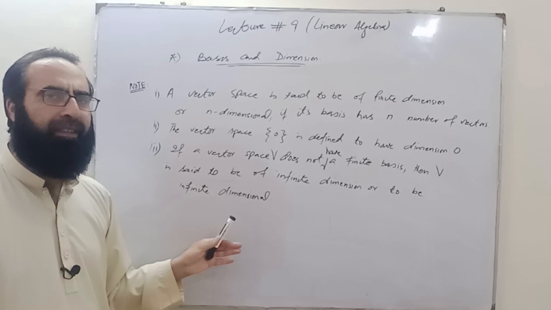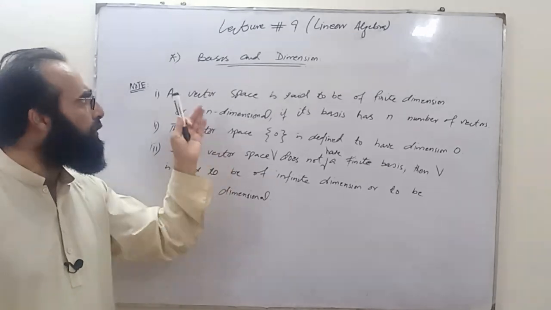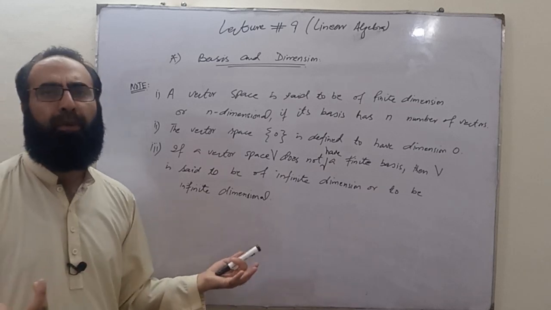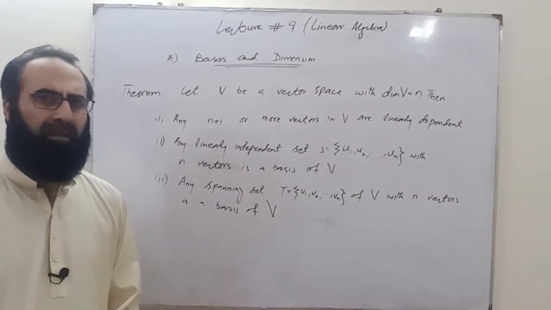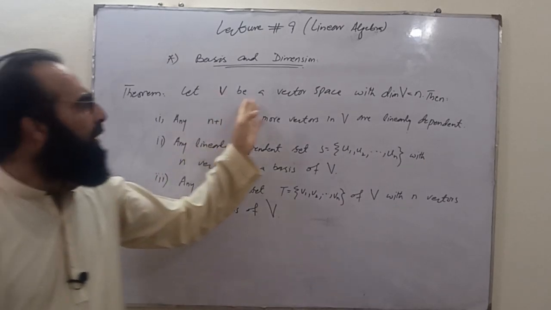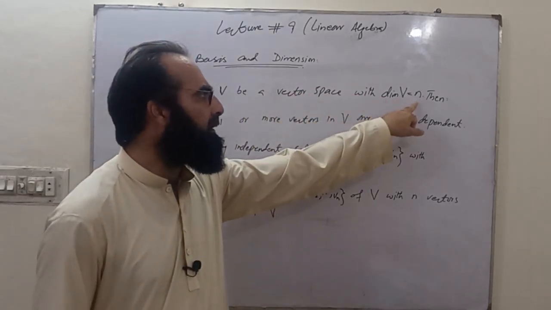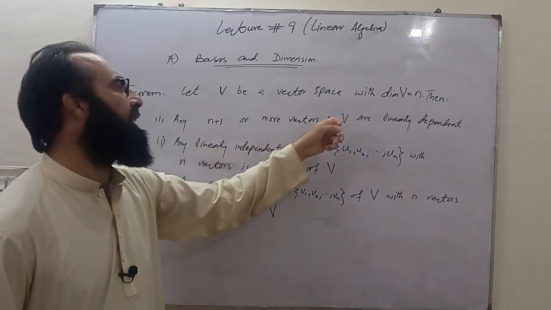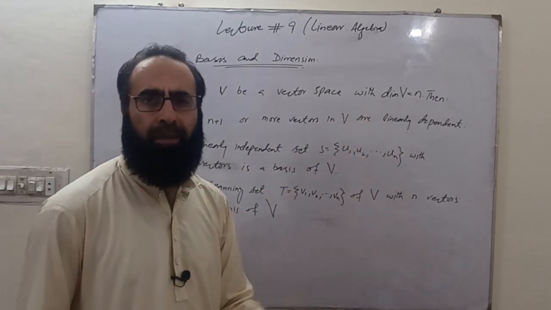These are the main points related to basis and dimension. Now we will discuss some theorems related to basis and dimension. It will help us to solve different problems. This theorem states that if we have a vector space V of dimension n, then any n plus 1 or more vectors in V are linearly dependent.